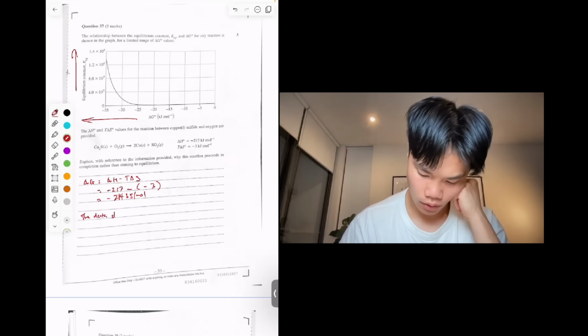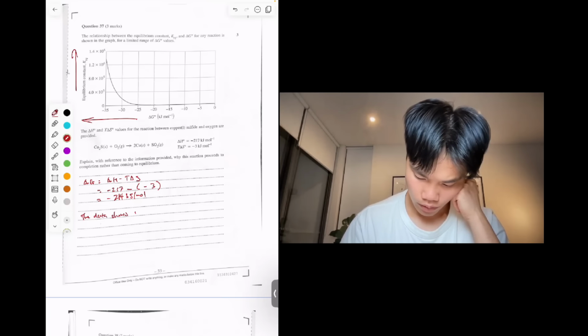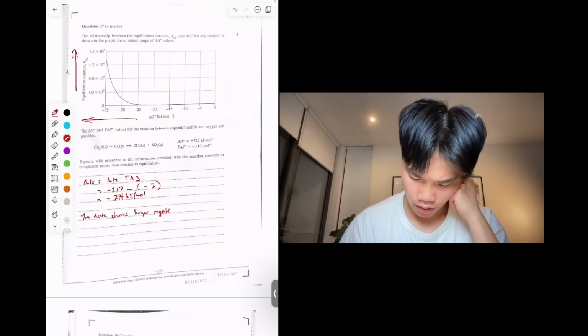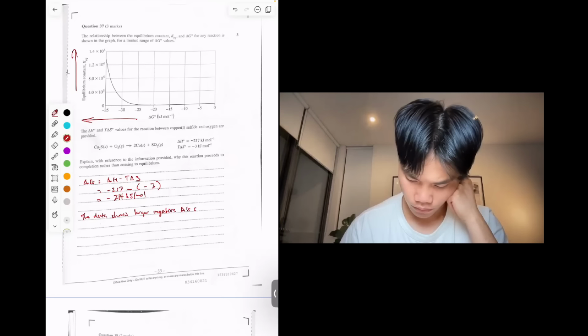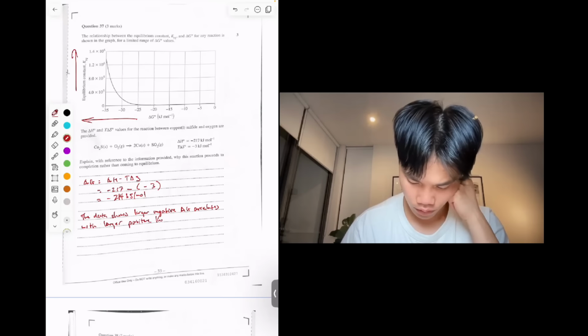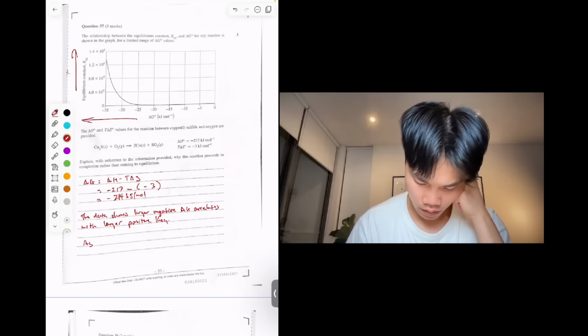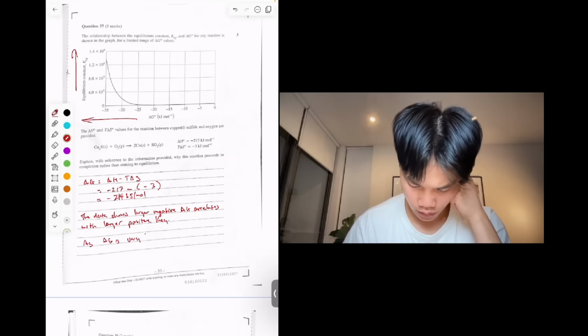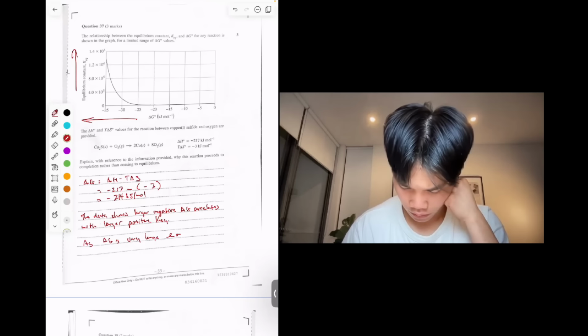The data shows larger negative delta G correlates with larger positive KEQ, as delta G is very large and negative.